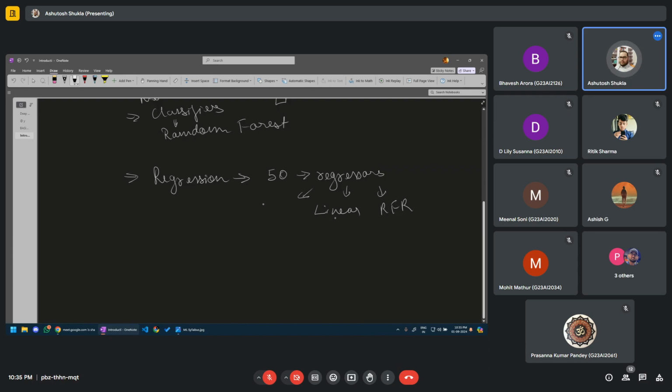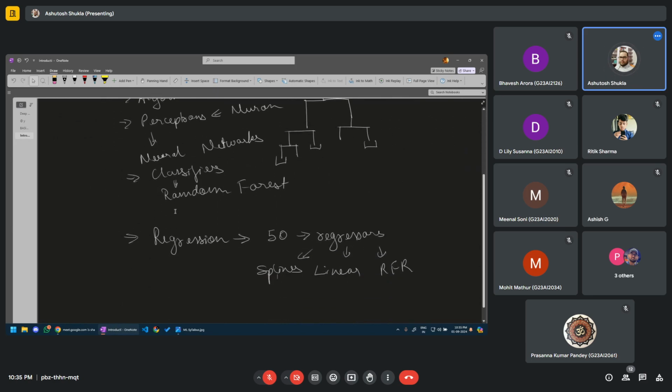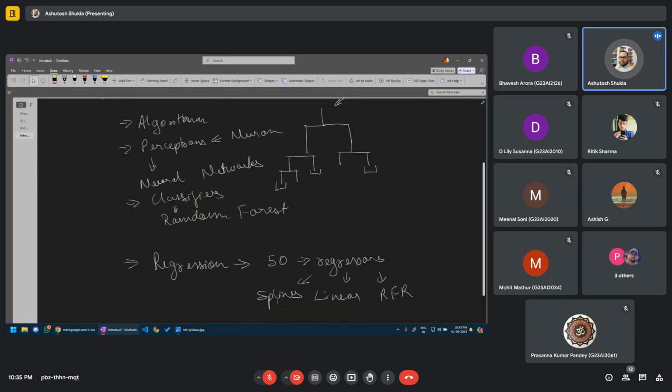Other than linear, there's also a little bit of higher order regression you can make with splines. Anyway, these are different things you can do to create decisions, and you can program them in a certain manner where it can automatically take decisions at certain points. So yeah, this is what machine learning is in basic definition.